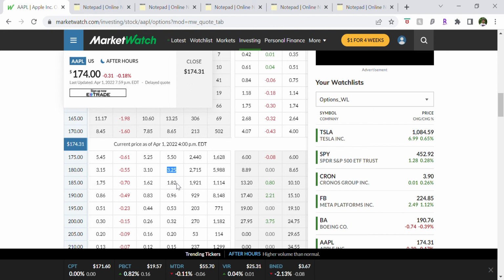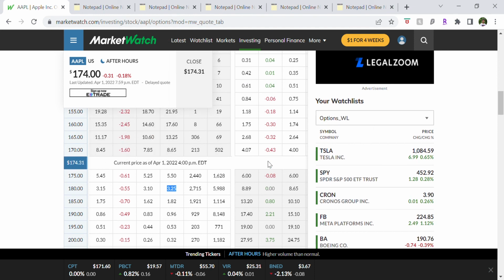So now the difference, as you can see, is 2.00. You paid 143, now you will get 200 if Apple rises. So that is where this is a bullish view. A call debit spread is a bullish view.